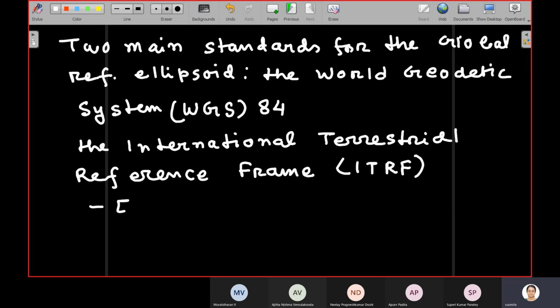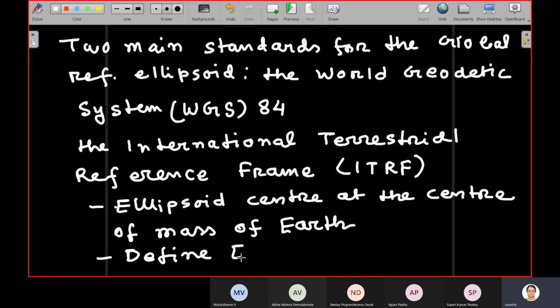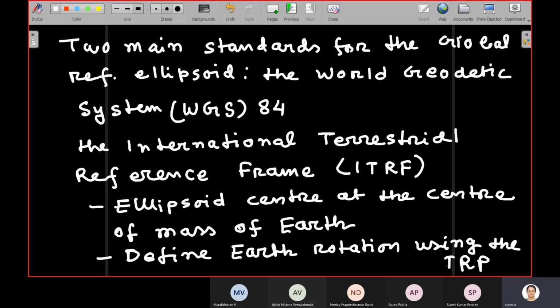So both of them have the ellipsoid center at the center of mass, and they define Earth rotation using the IRS reference point. Okay.